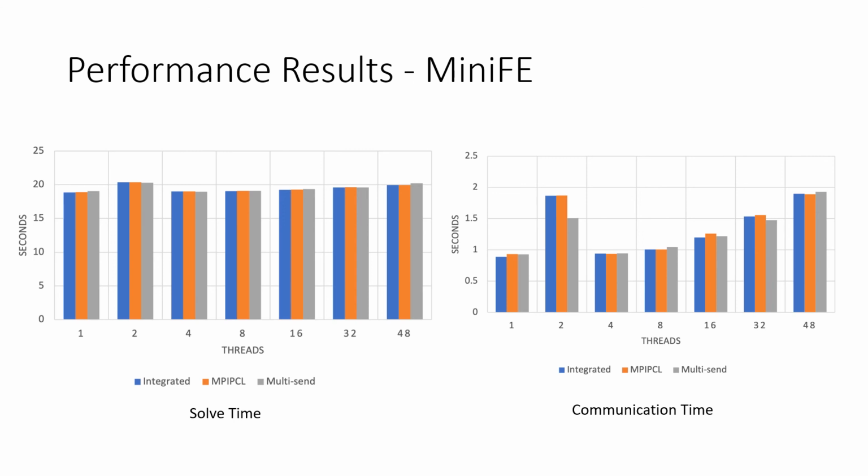The second one, we ran it with our external library on top of OpenMPI, and then we ran a version that was just using multiple sends in parallel. So what this shows is that our solve time for all of them is remarkably similar, and there's really no variation to really take note of.